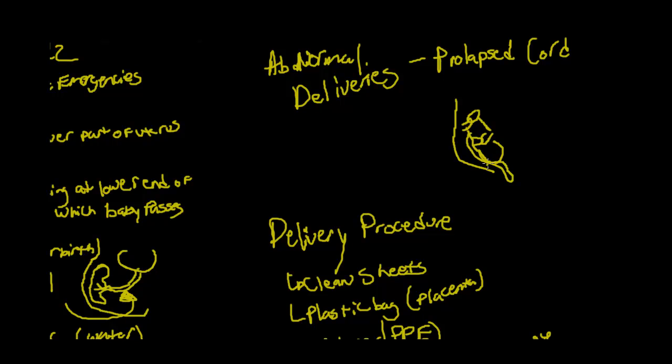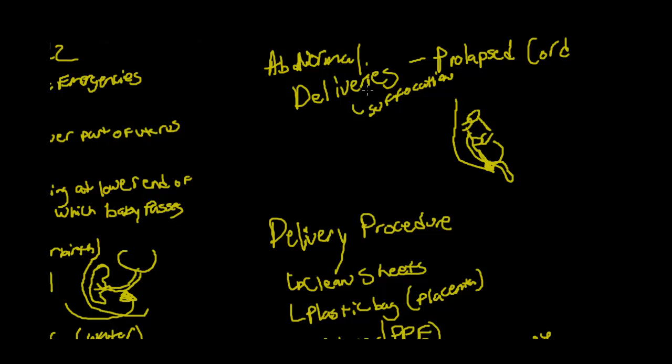And what can happen is the baby's head can pinch up against this when it starts to be delivered, and if the delivery doesn't happen fast enough, it can cut off oxygen. So it's a danger of suffocation for the baby.